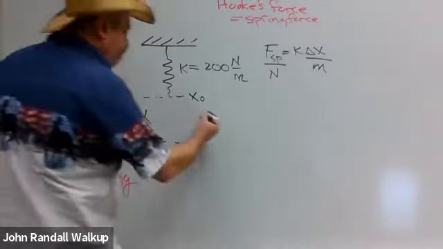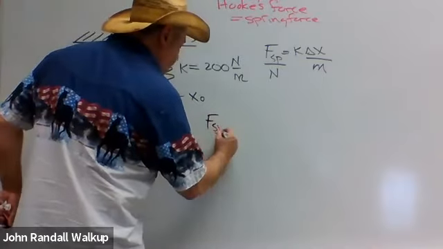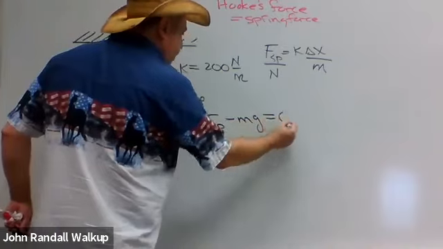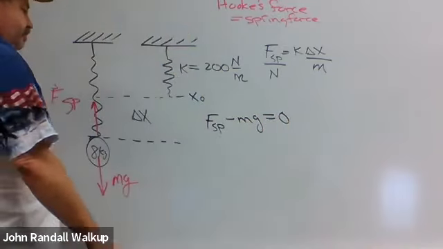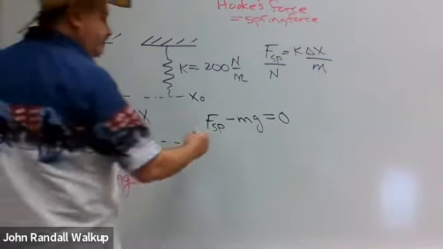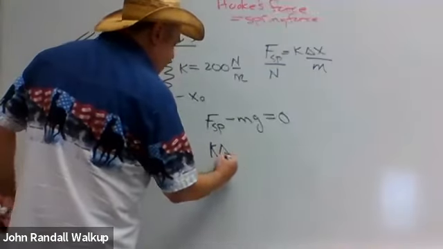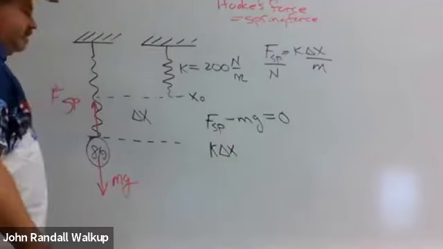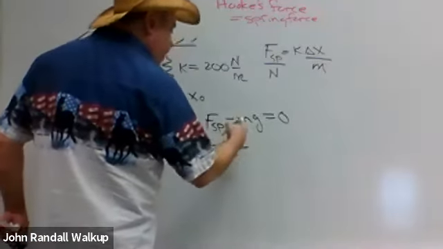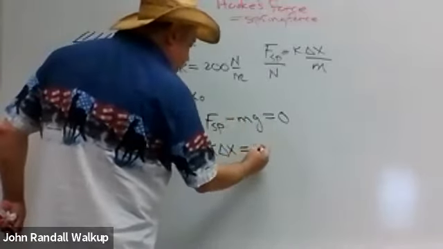For F spring minus mg is equal to 0. But the force of the spring is positive K delta X minus mg. But if I put the mg on this side, I'll get K delta X equal to mg.